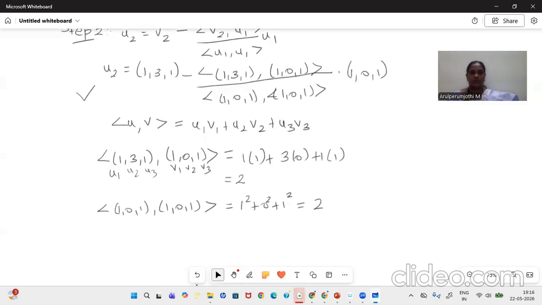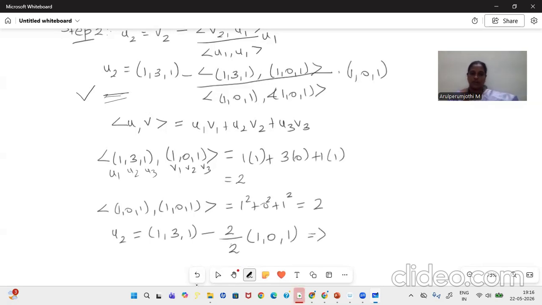Now you can substitute. U2 is equal to (1, 3, 1) minus the inner product (1, 3, 1) with (1, 0, 1), so the numerator is 2, divided by 2, into (1, 0, 1).